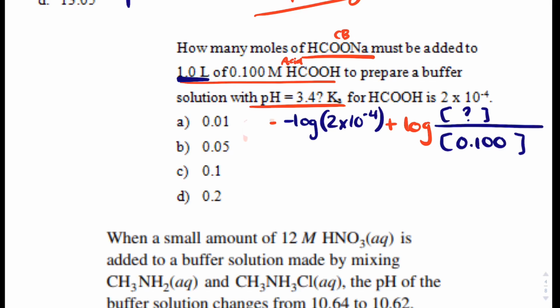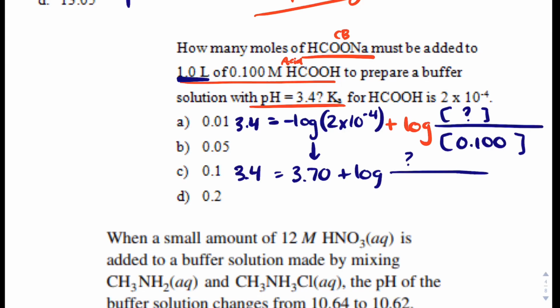And then pH, they tell us we want it to be 3.4. So negative log of 2 times 10 to the minus 4 is 3.70. That equals 3.4 plus log of question mark divided by 0.1.